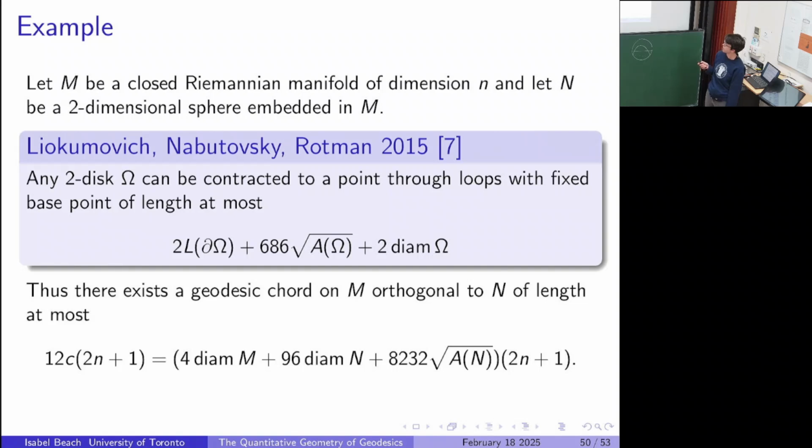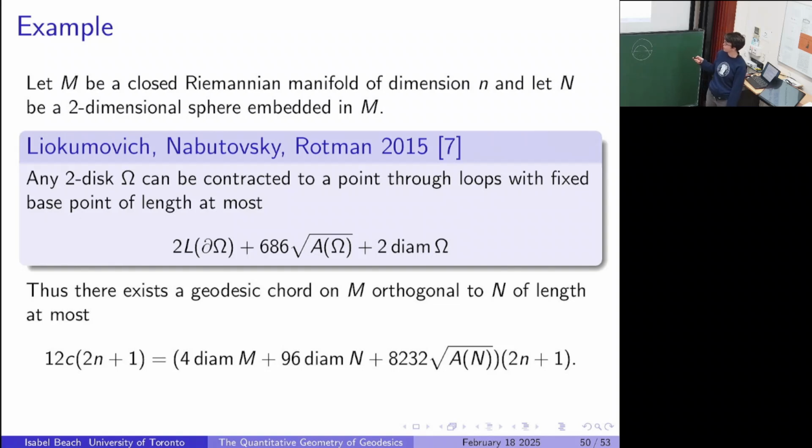So now I've got a closed Riemannian manifold of dimension n and a submanifold that is a two-dimensional sphere. So again, using our theorem that we had before, we know that we can contract any disk through loops of short length bounded by this linear function of the perimeter, square root area, and diameter.